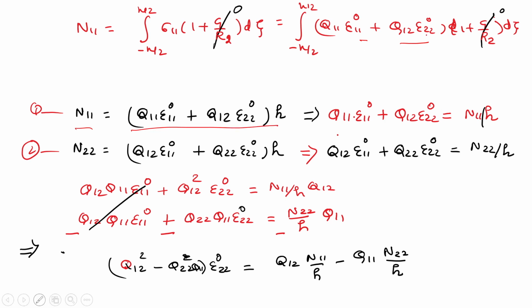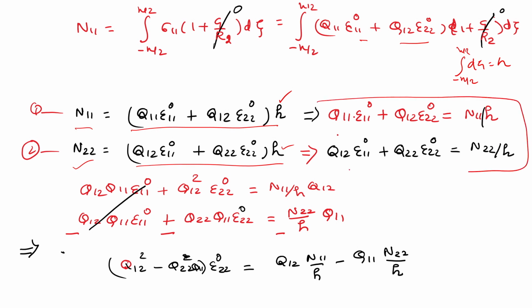Because they are only a function of alpha and beta, not a function of thickness, the integration from minus h by 2 to plus h by 2 of d zeta gives you only h. So this h comes here. Same way, the expression of N22 gives you this expression. If we further simplify mathematically, it becomes Q11 epsilon 11 naught plus Q12 epsilon 22 naught equal to N11 by h, and Q12 epsilon 11 naught plus Q22 epsilon 22 naught equal to N22 by h.